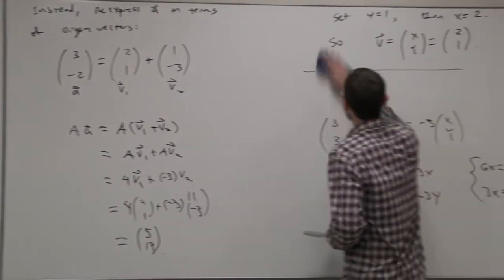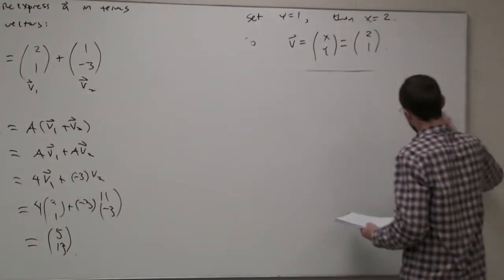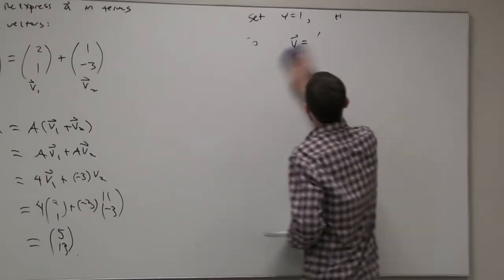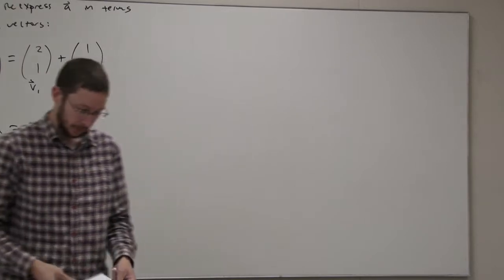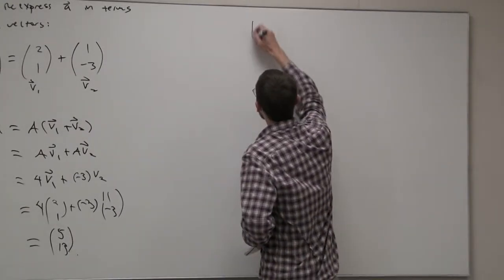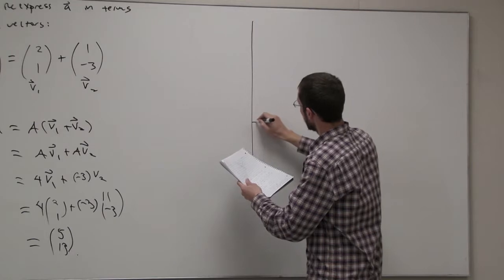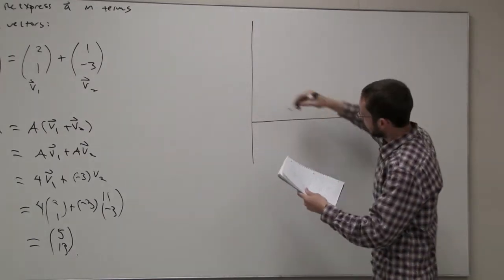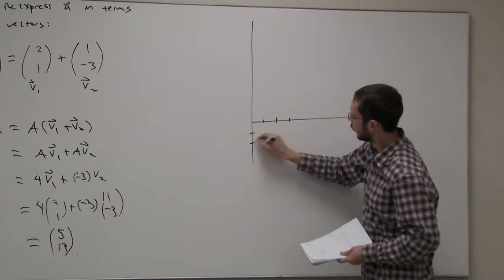But now the underlying geometry of the scenario is a little bit more clear, right? We've got this original vector that had coordinates 3, -2.